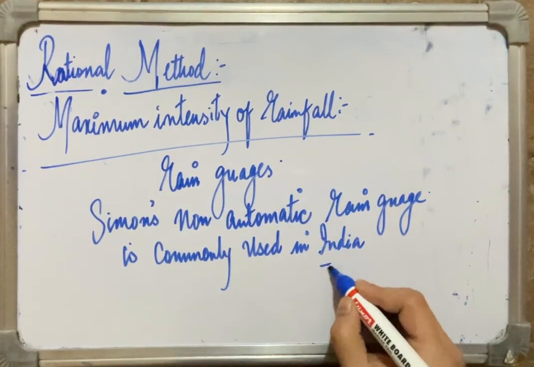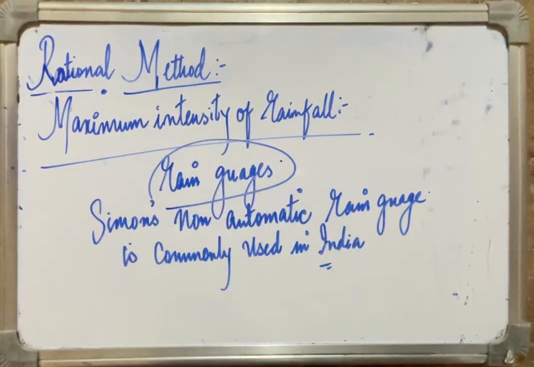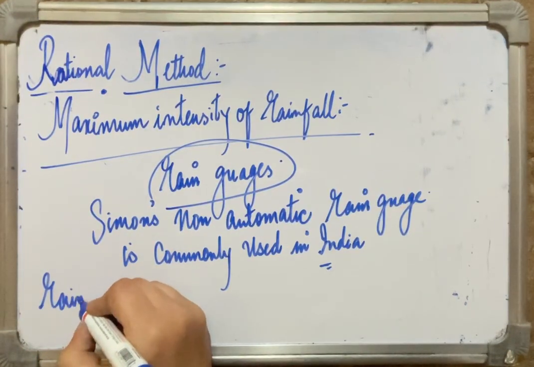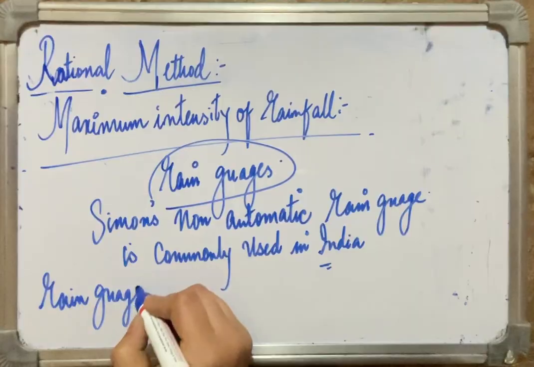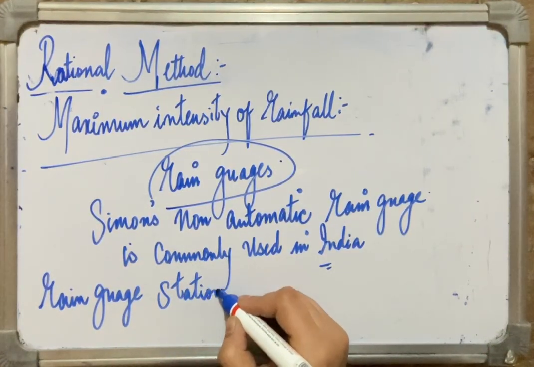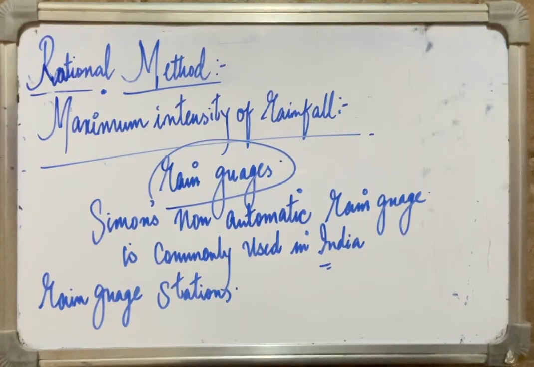And we place these rain gauges at certain points which are known as rain gauge stations to measure the rainfall. These rain gauge stations should be evenly distributed over the area so as to obtain a representative figure of rainfall for the entire area.